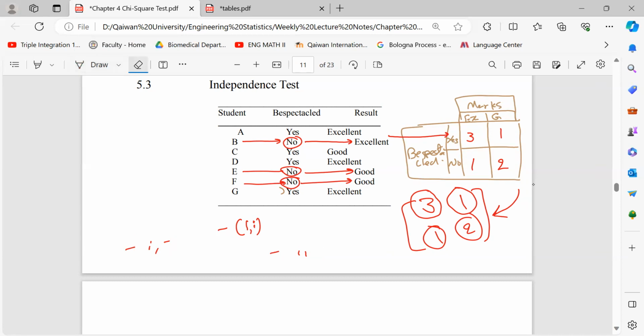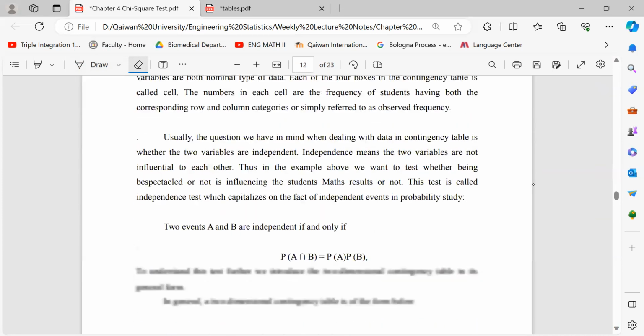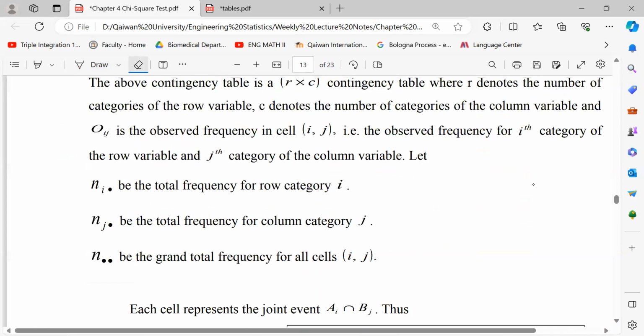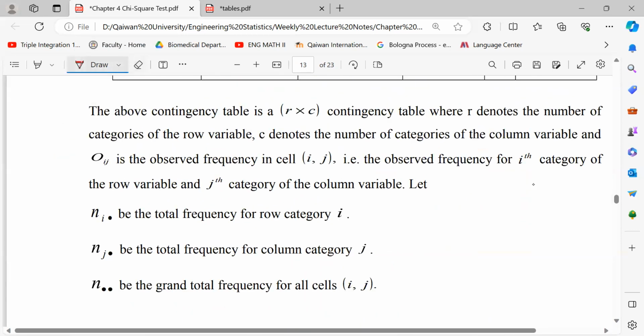Okay, now here we use these. Look, i dot means row i. So n_i dot means the sum of all elements in row i.